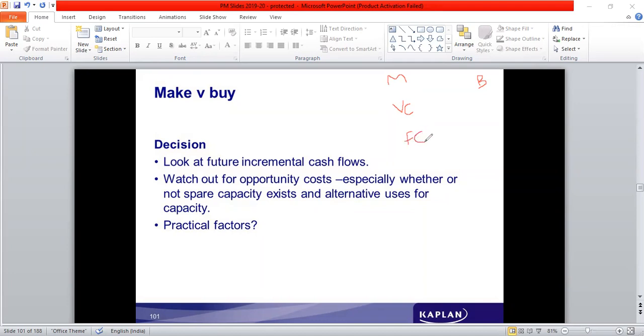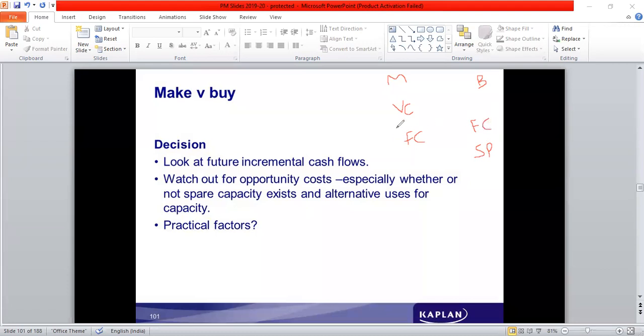If it is bought, if the product has to be bought, buying that component from the supplier, whatever is the price offered by the supplier, the supplier's price is what is incurred. Okay, just because they are not making the component, will they have any benefit in terms of avoiding fixed cost? Fixed cost will remain the same. Fixed cost will be incurred even if they are buying the component from an outside supplier.